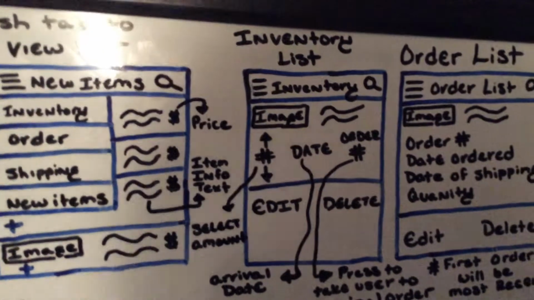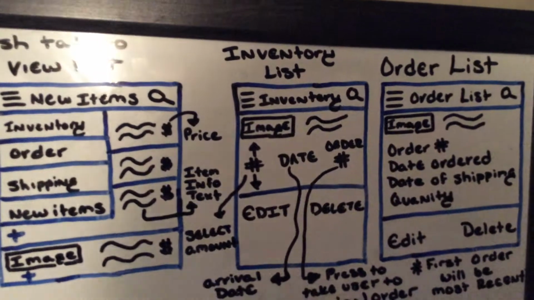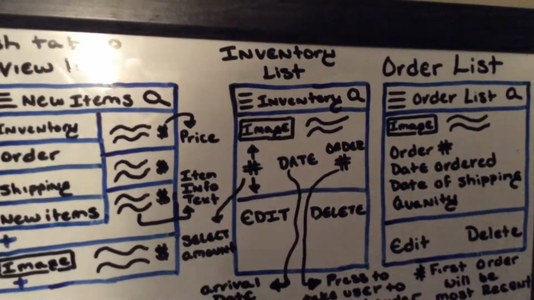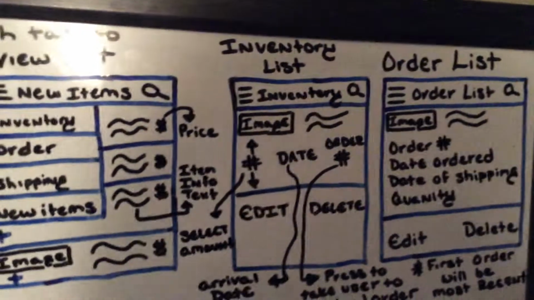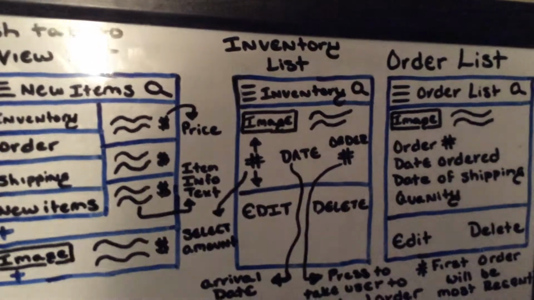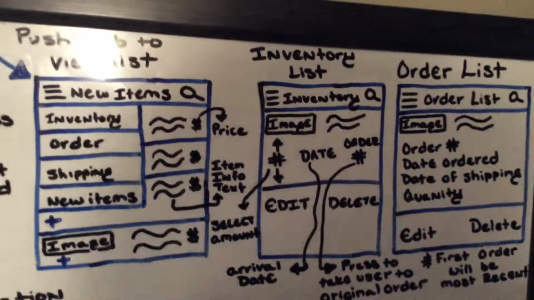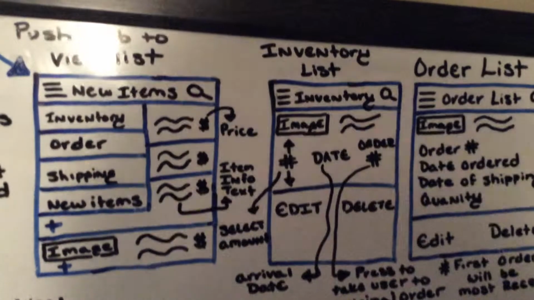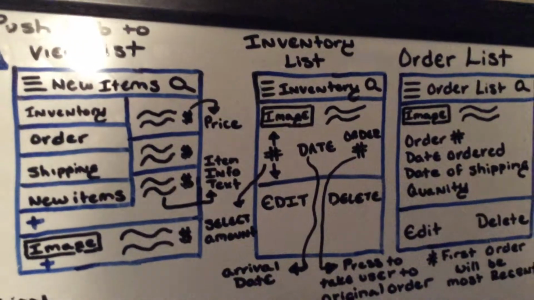The quantity and the date you can change in your inventory, and the order number will be the same even if you change anything. But the order number is a button, which I will get to in a second. And then you have the edit and delete button on the bottom to delete whatever item is selected within the inventory list.